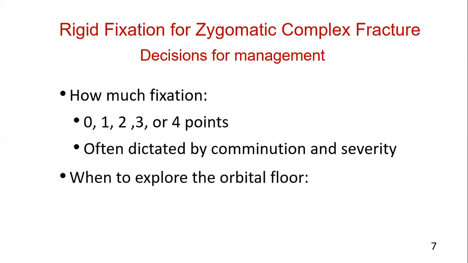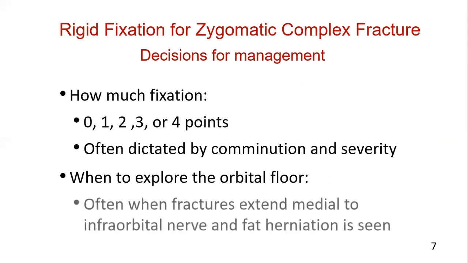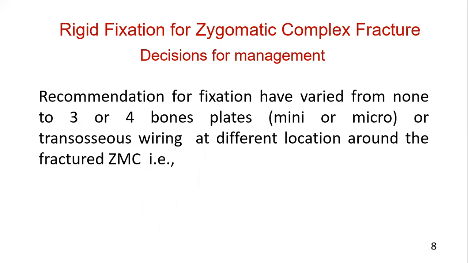As we discussed in the previous slide, whether to explore the orbital floor: when the fracture lines extend medial to the infraorbital nerve area, and there is a blowout fracture, that is fat herniation seen in the maxillary sinus on the radiograph, then it means that the orbital floor must be explored in the zygomatic complex fracture.